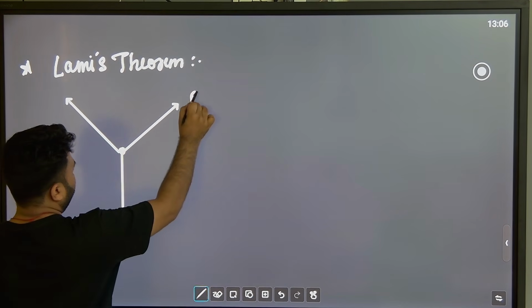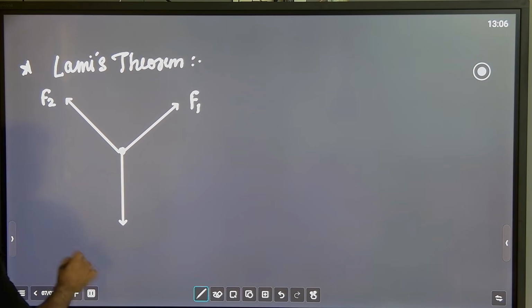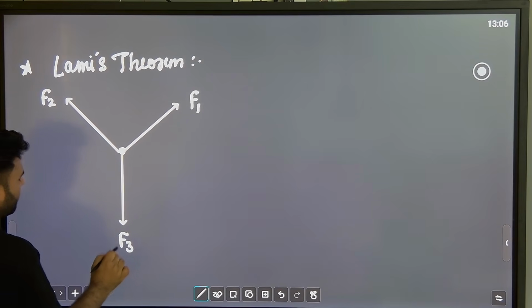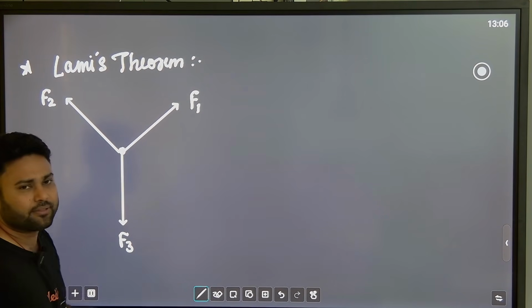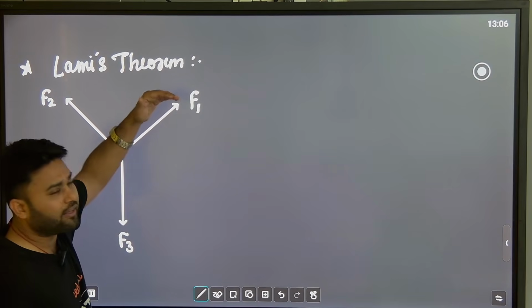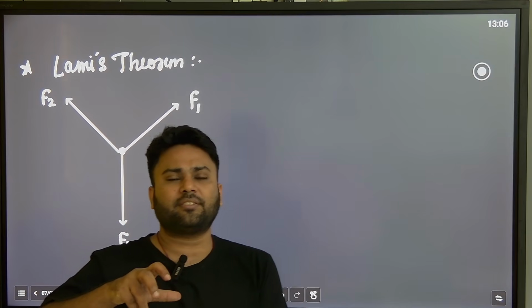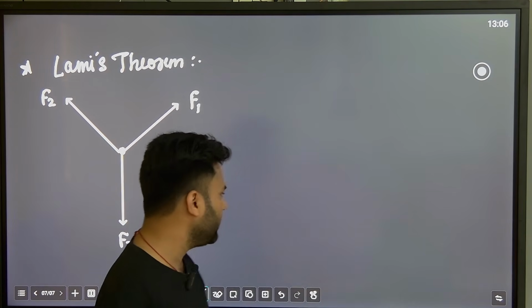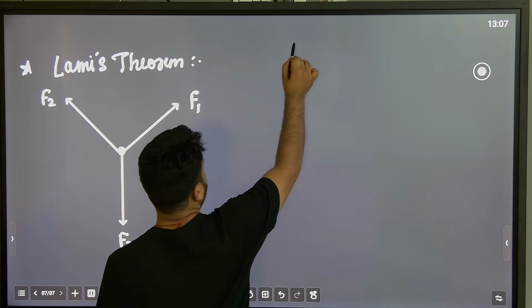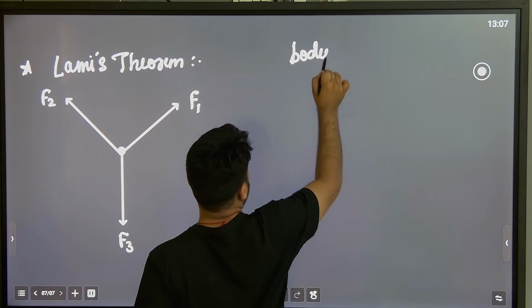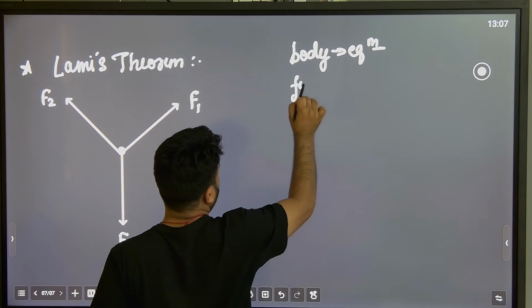This is F1, this is F2, this is F3. All these forces are acting away from the object. This you should remember: all three forces should act away from the object, and the body is in equilibrium.